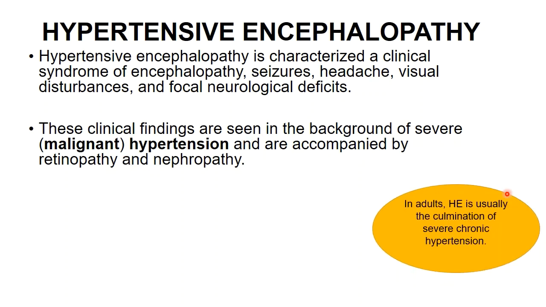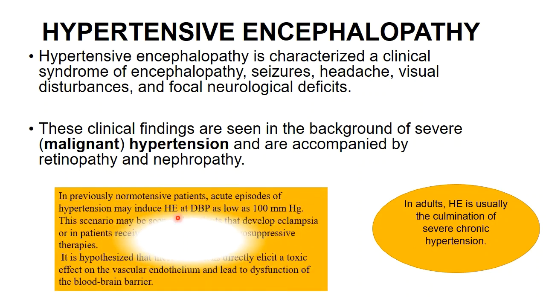It must be noted that in adults, this is usually the culmination of a severe chronic hypertension. However, in patients with eclampsia and those receiving cytotoxic or immunosuppressive therapies, hypertensive encephalopathy can develop with diastolic blood pressures as low as 100 mm of mercury.